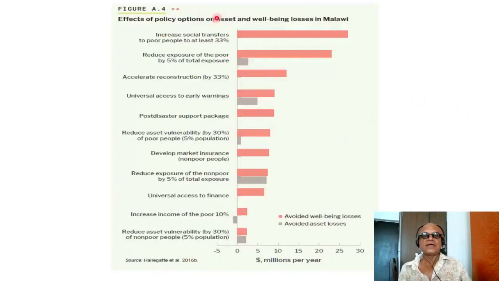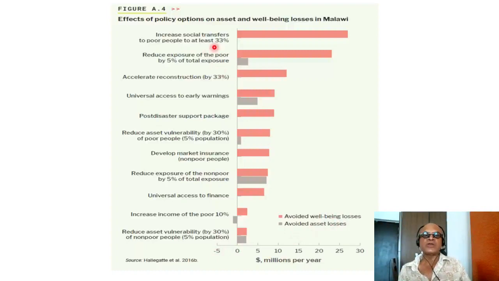So let's look at figure 4, effects of policy options on asset and well-being losses in Malawi. So here you are looking at losses in millions of dollars per year going from 0 to 30, and there is also a negative scale to show benefits. So avoided well-being losses and avoided asset losses are being looked at.